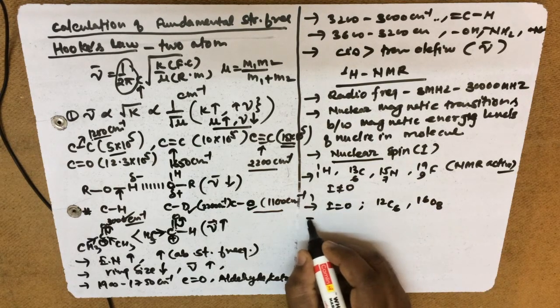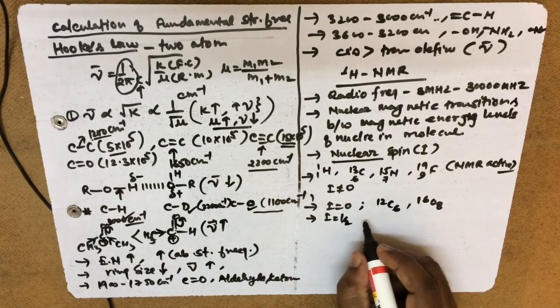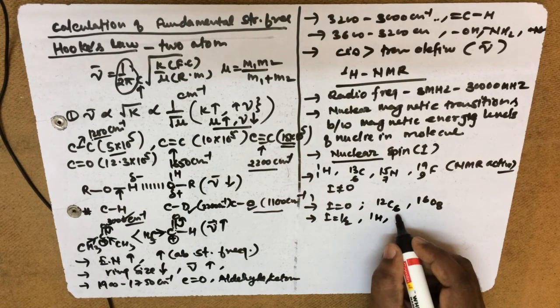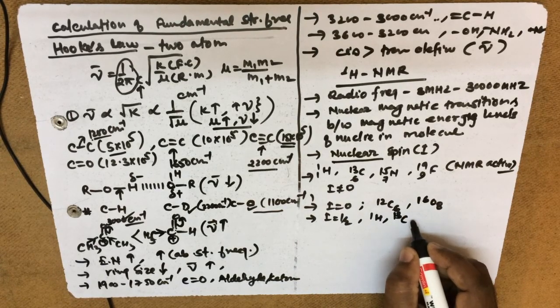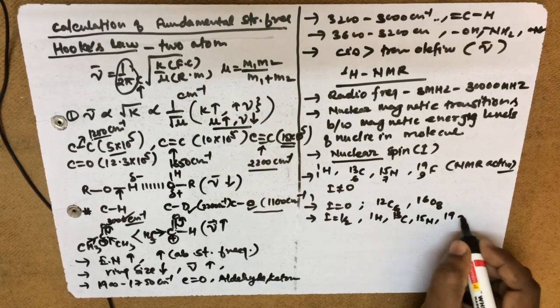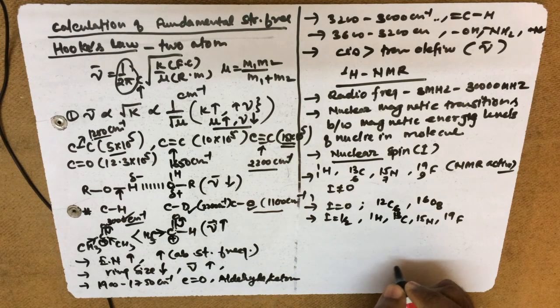If I is equal to half, this is for H-1, carbon-13, nitrogen-15 and fluorine-19. This is the exact value for these atoms.